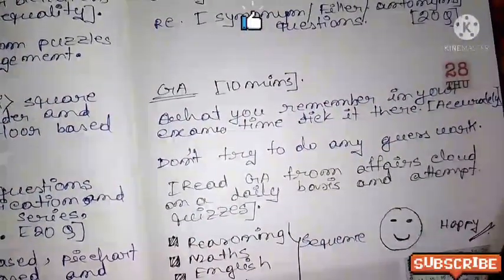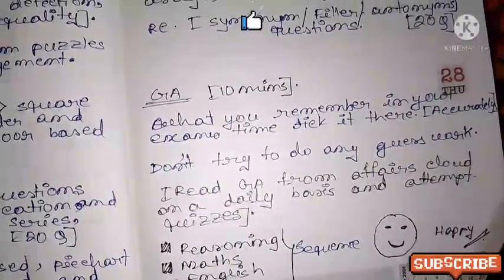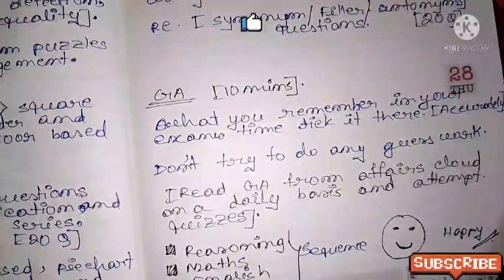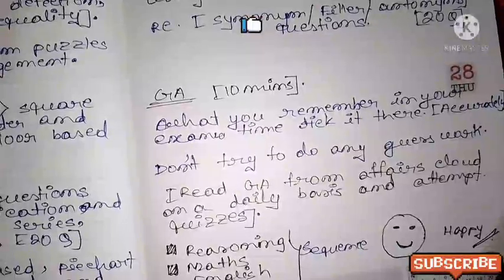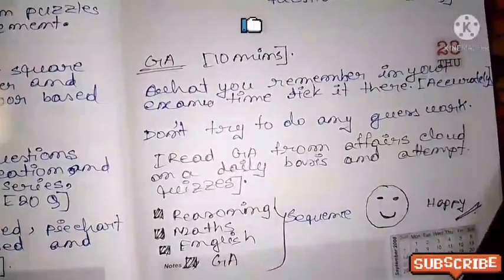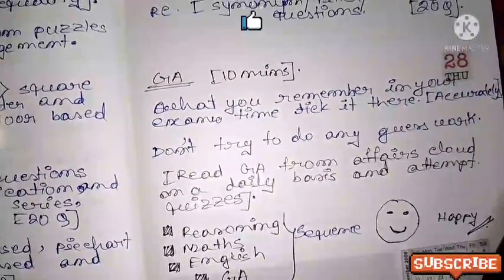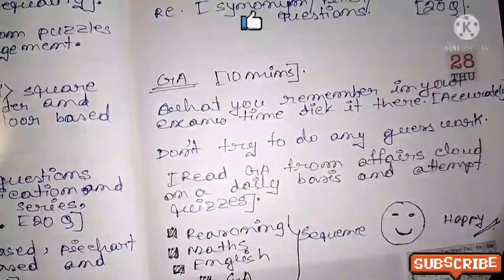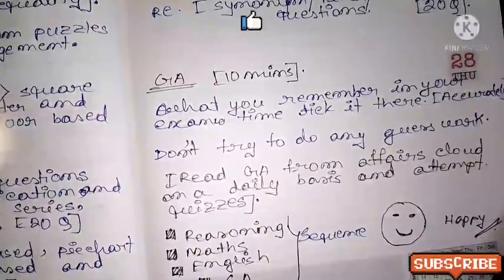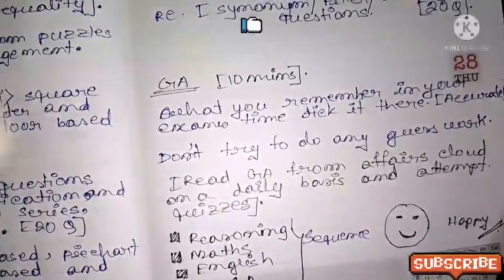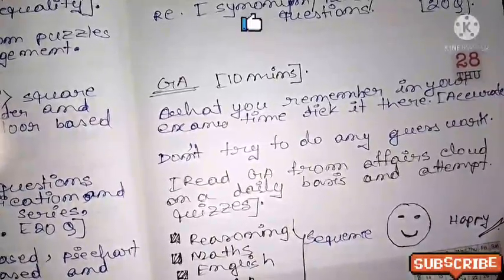So in the ESIC MTS Mains examination also, you should attempt questions accurately. And you can follow Affairs Cloud for GA, it's really useful, and I follow it on a daily basis and try to attempt quizzes. That's why I can remember current affairs.